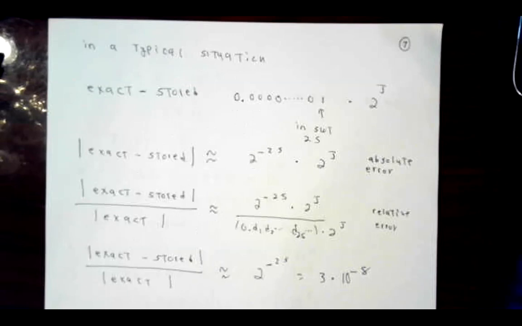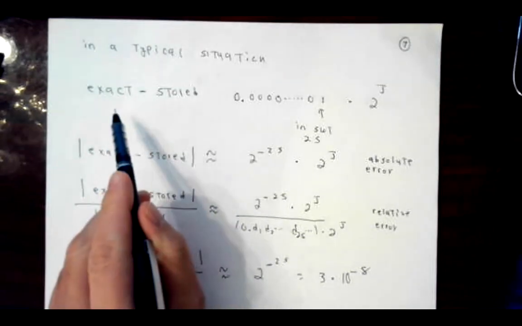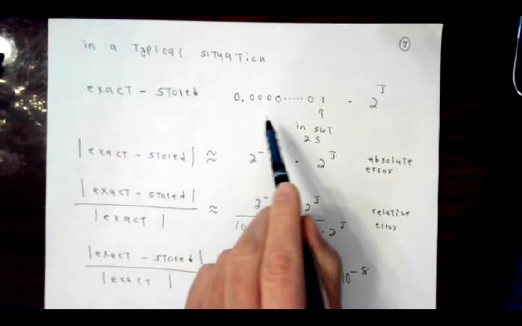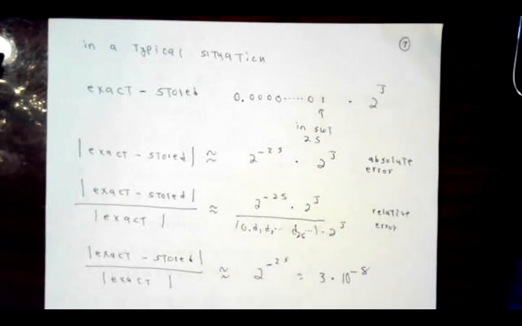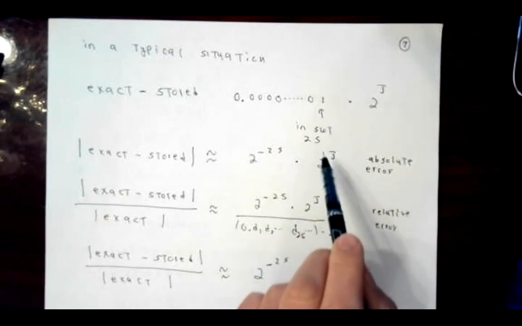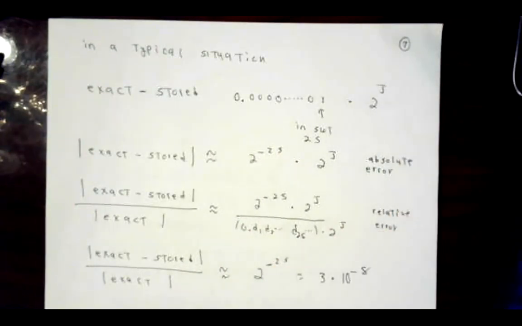So in a typical situation, if I've got some number and the floating point version of it, by floating point I mean in this case 32-bit floating point, typically the difference between the exact and stored number is you'll have a bunch of zeros, and then you'll have a 1, probably in the 25th slot, although if you get lucky, further out, times 2 raised to some power j.